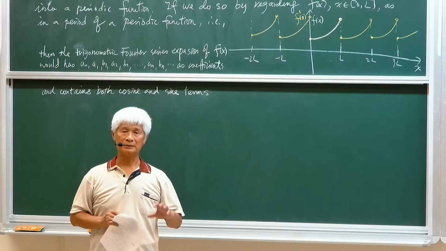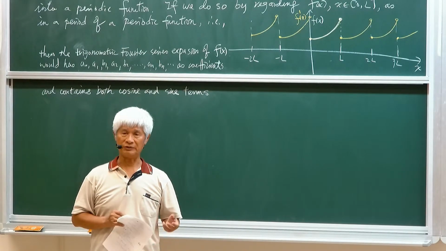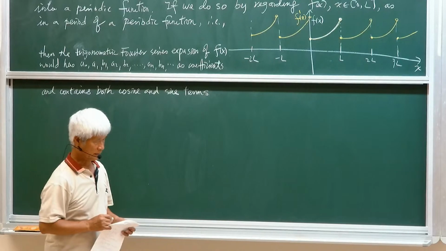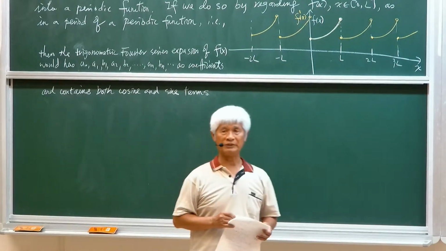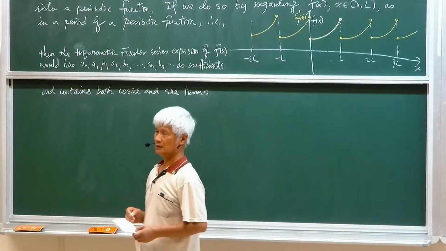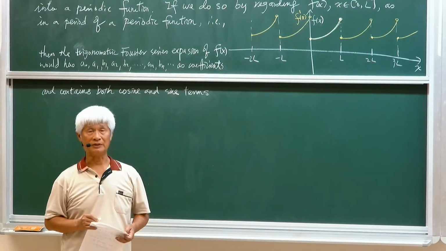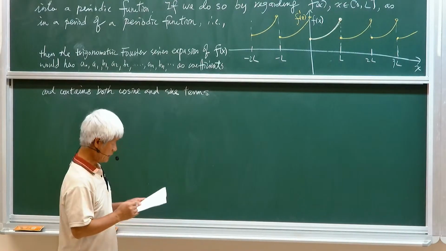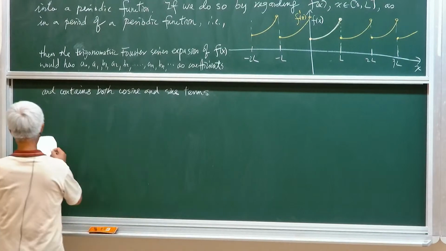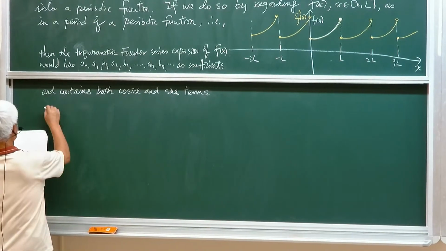On the other hand, if the periodic function is an odd function, then its trigonometric Fourier series expansion contains only sine terms. Okay, so this is what we will adopt here.